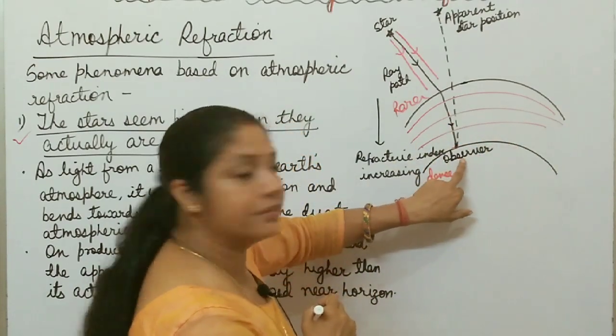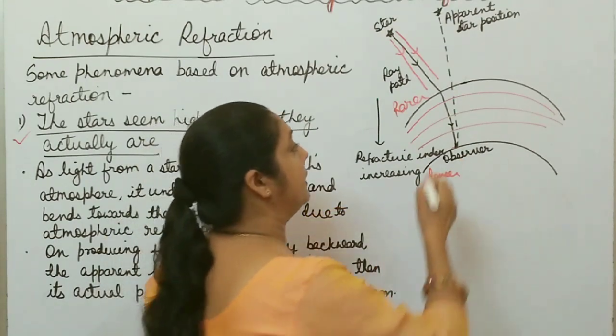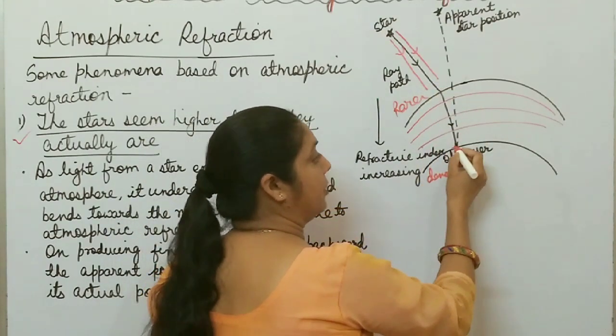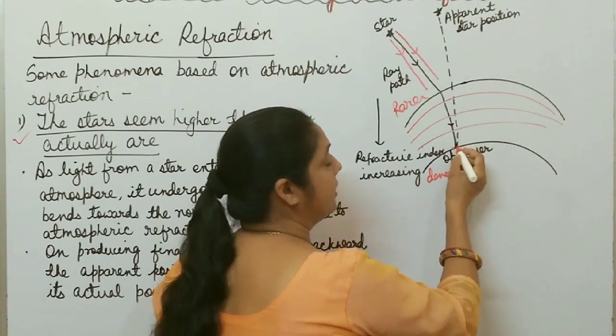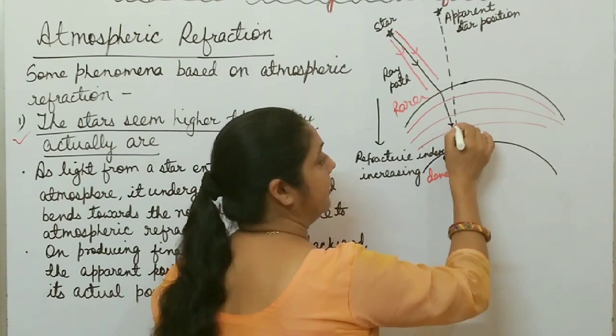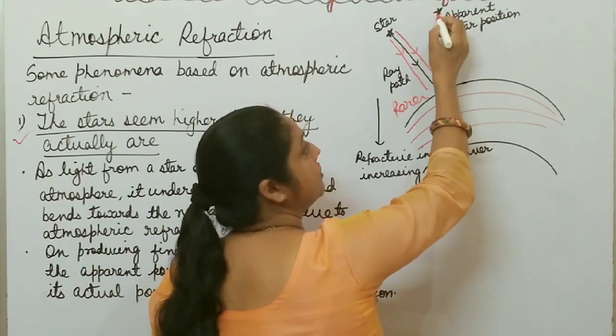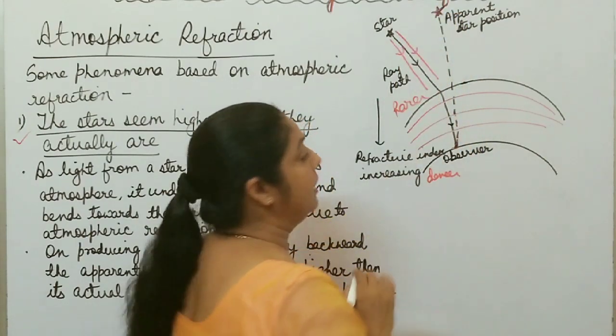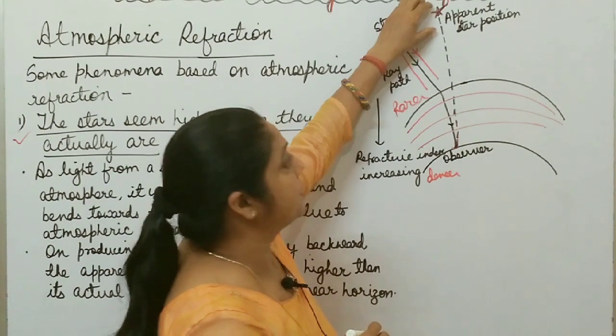And suppose the observer is at this point, so when the observer observes this position of the star, the light coming appears, when you extend it in the backward direction, to come from this position, and the observer is able to observe this position.